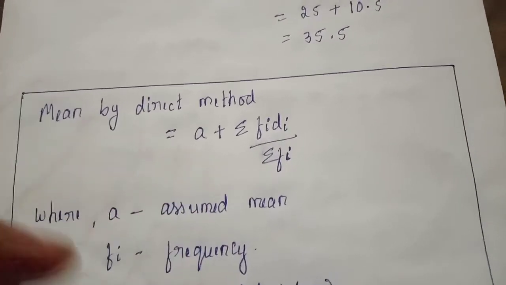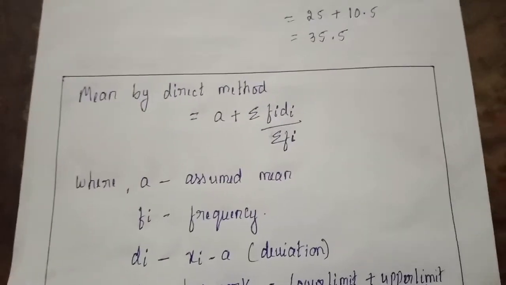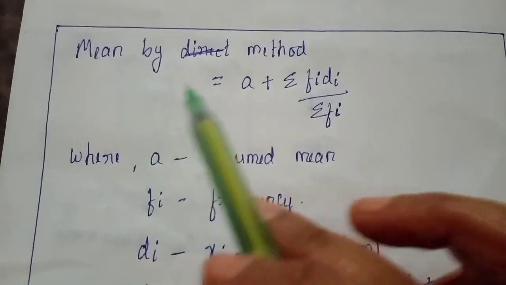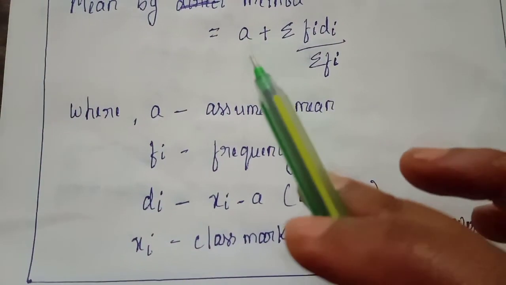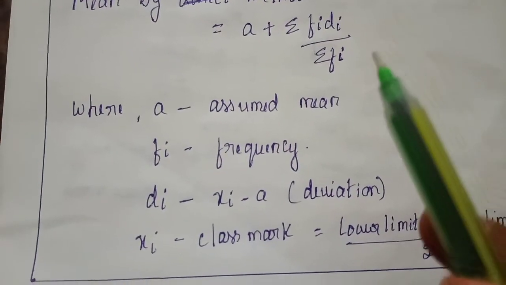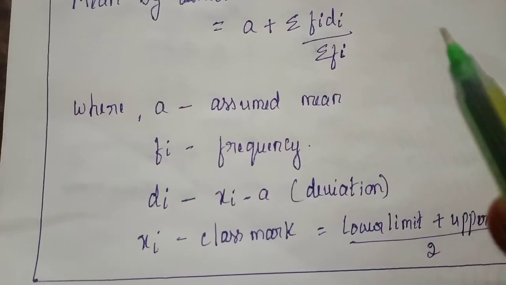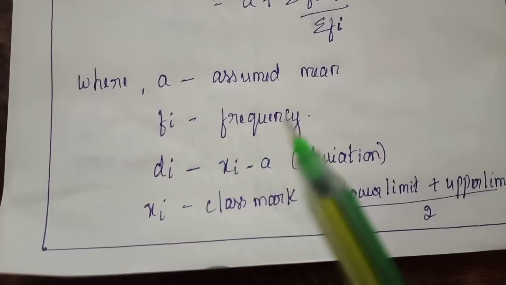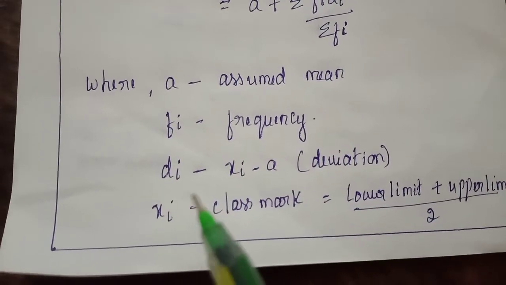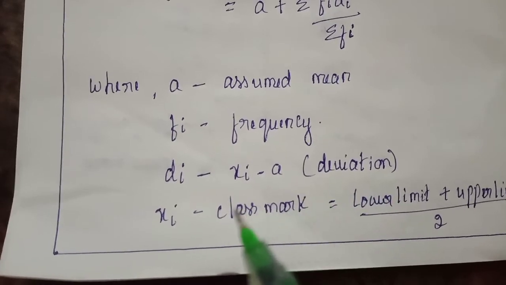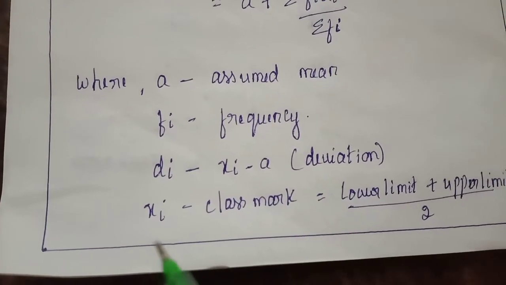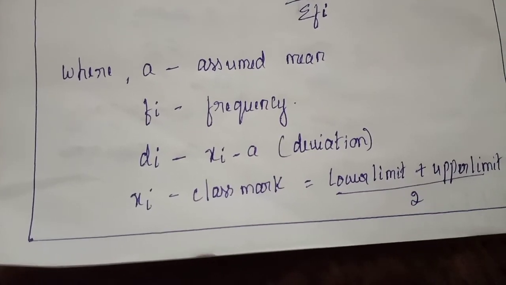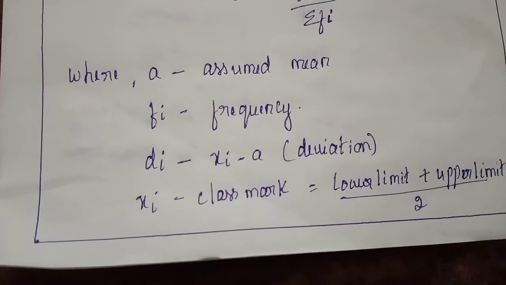Mean by assumed mean method equals a plus summation of fi di divided by summation of fi, where a is the assumed mean, fi is frequency, and di is deviation, that is xi minus a, and xi, as you already know from the direct method, is the class mark: lower limit plus upper limit divided by 2.